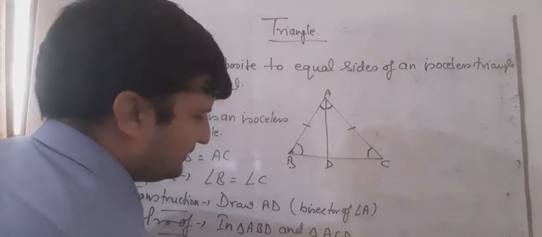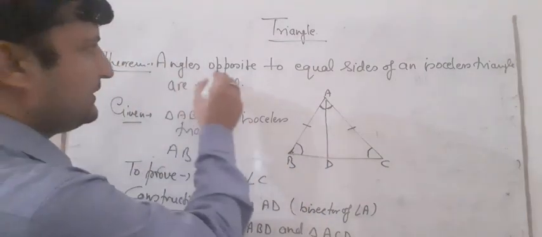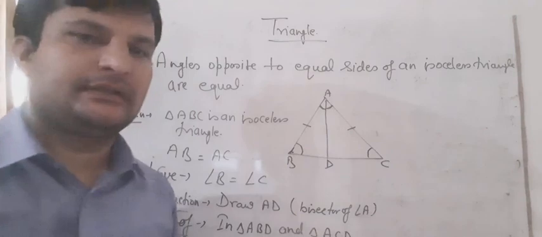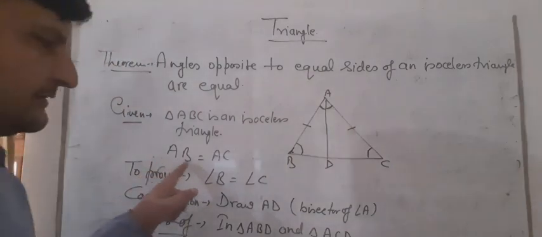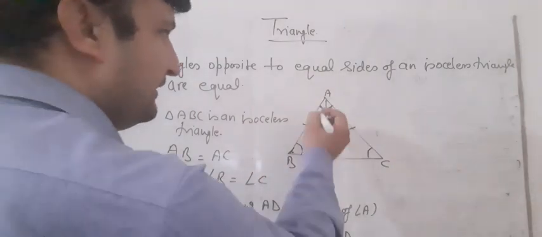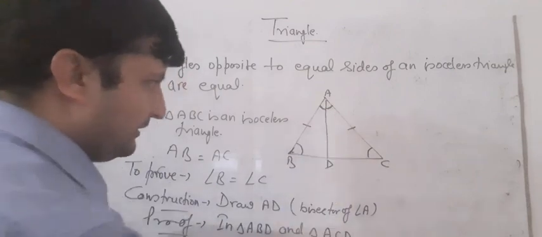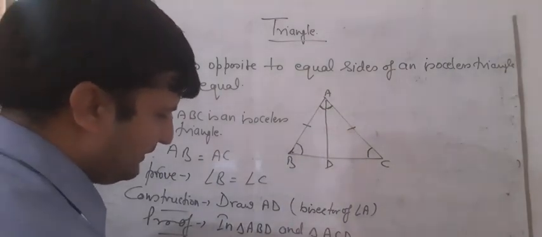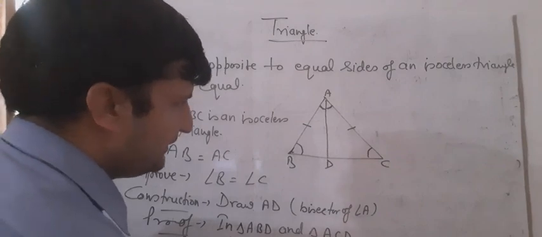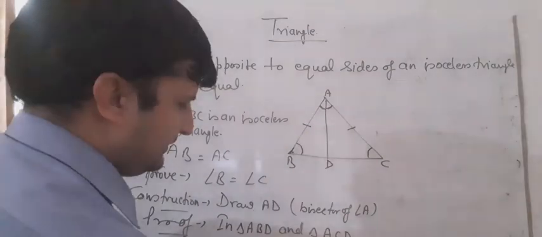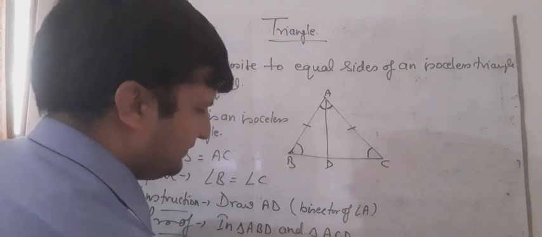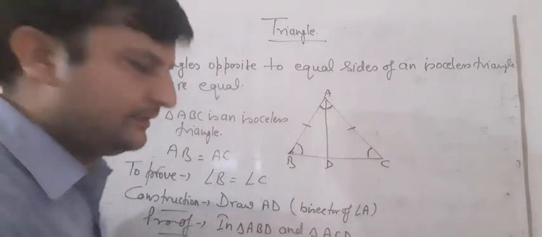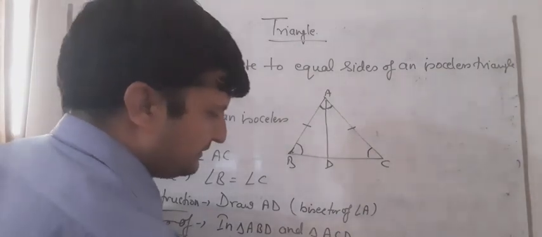It is given because this is an isosceles triangle. Similarly, here we have drawn the bisector, so we can write angle BAD is equal to angle CAD. We have done it by construction.